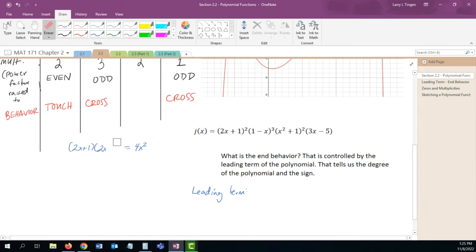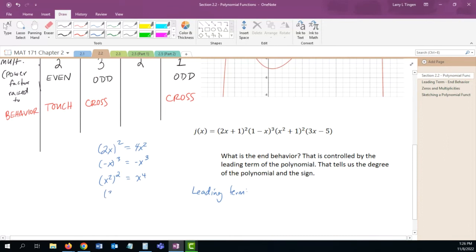So what I'm going to do is just ignore the constant term, and I'm just going to take whatever the term is with x in it, and raise it to the power. In the next one, that's negative x cubed. In the next one, it's x squared squared, which is x to the fourth.